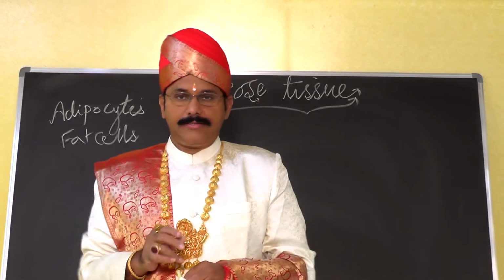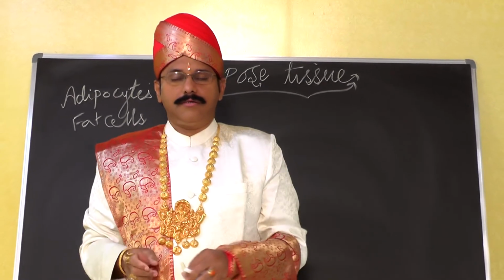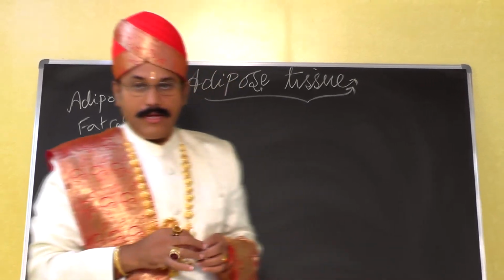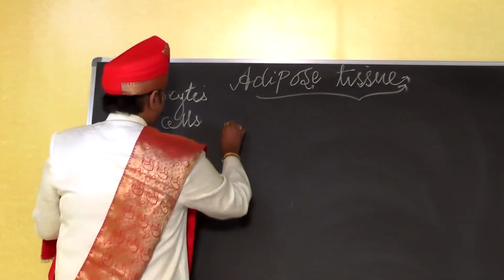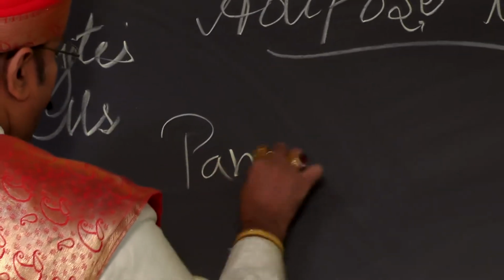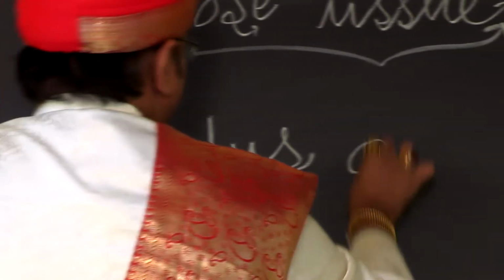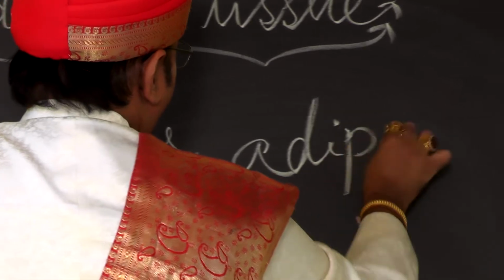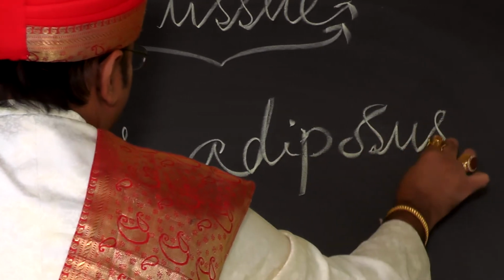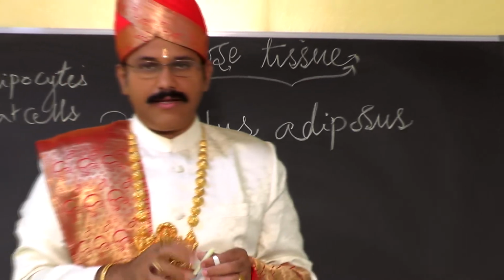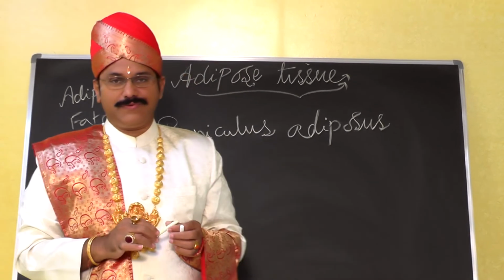The fat cells present in the subcutaneous tissue are called panniculus adiposus. So here you call it panniculus adiposus, the fat that is present in the subcutaneous tissue.